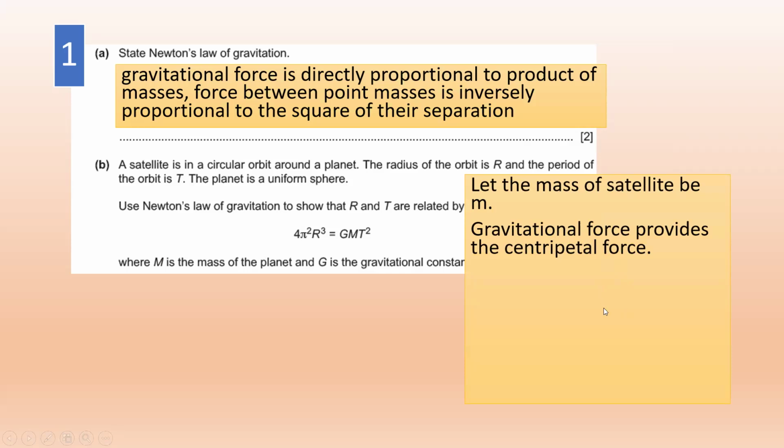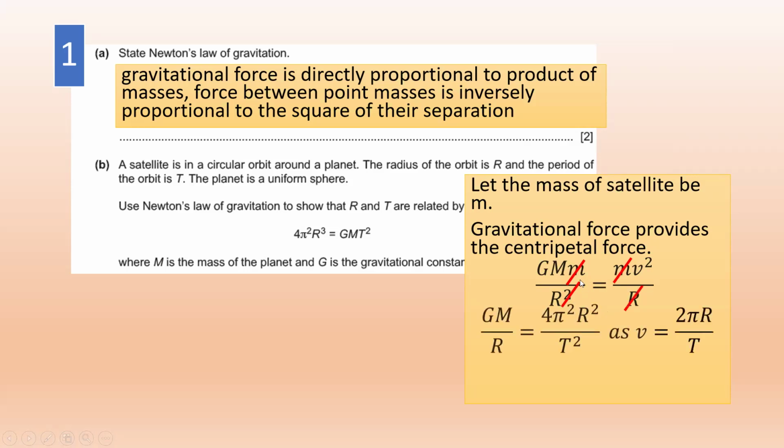Then cancel the mass, cancel r, then replace the v by 2 pi r over T. So v square is 4 pi square r square over T square.